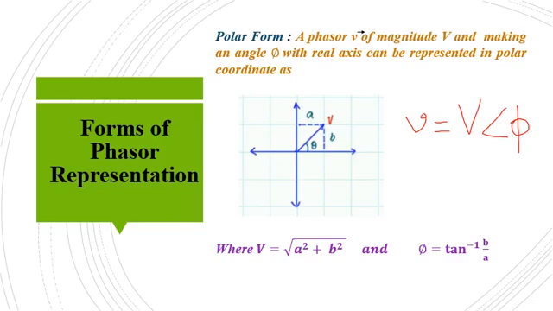And the capital V can be written as V equal to the root of A square plus B square, and angle phi will be tan inverse of B by A.